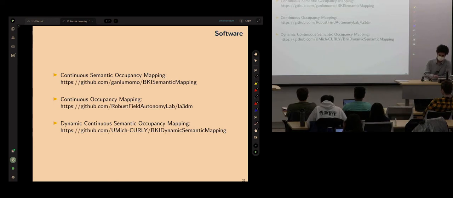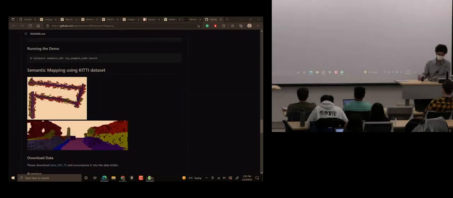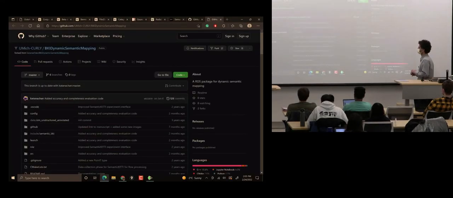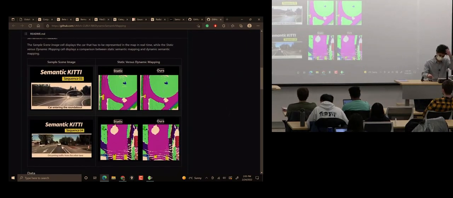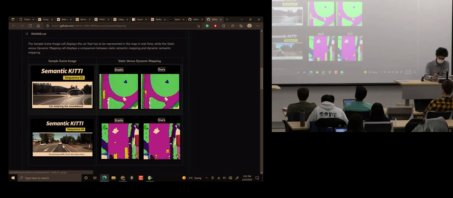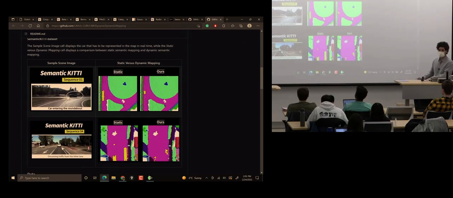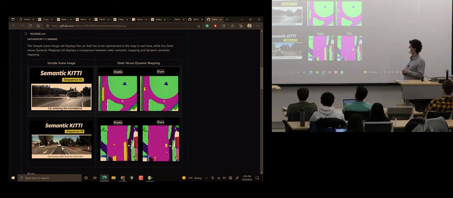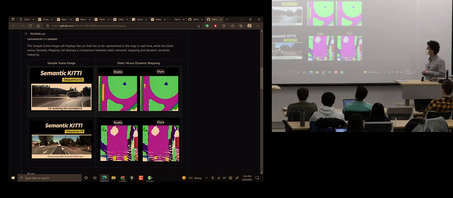We have also extended this to dynamic. Now we're not covering dynamic mapping, but we talked about this: if a car is moving here and the map is static, it assumes the world is static, and it's going to leave long traces in the map. And it becomes overconfident until you re-observe it enough to balance the measurements.